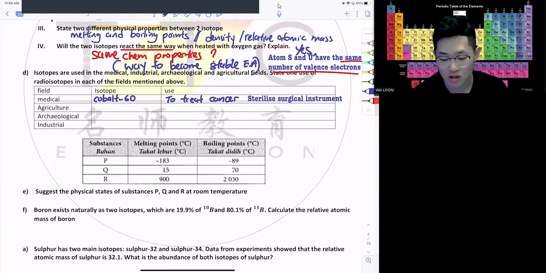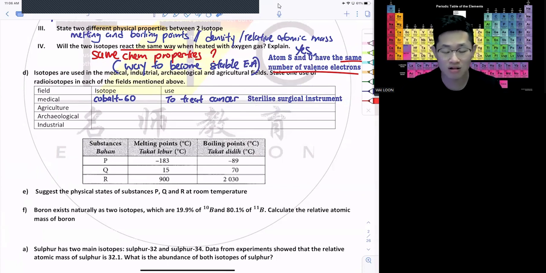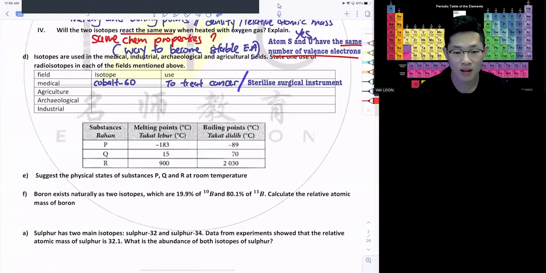It's like the surgical knife and scissors, they have to be put into a machine that has gamma ray radiation to kill all the viruses, bacteria, or microorganisms. In case it comes out in the objective, this can also be the answer.